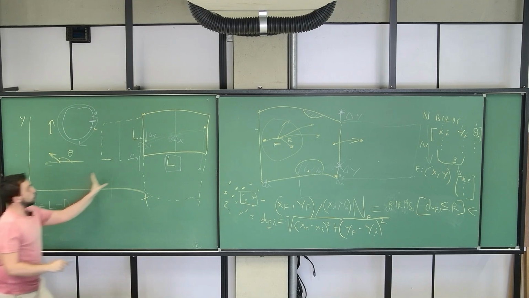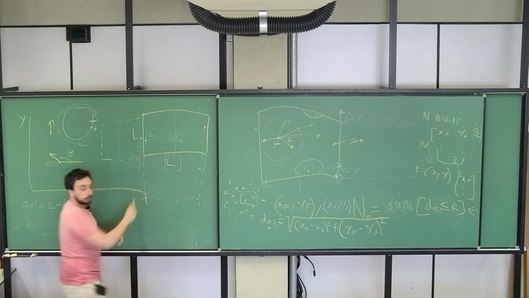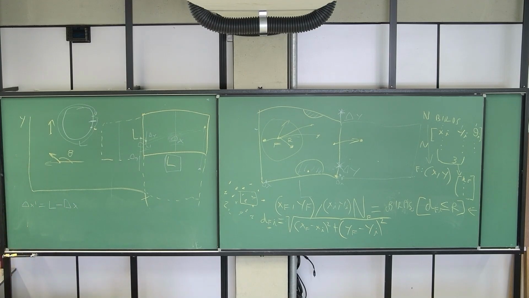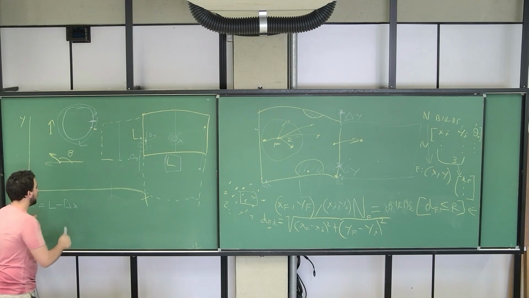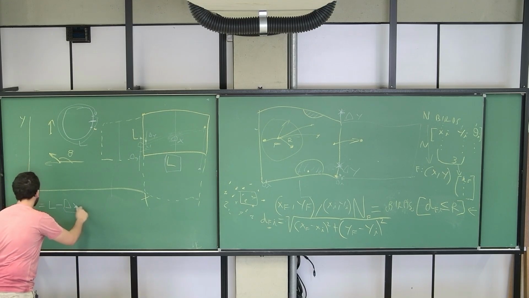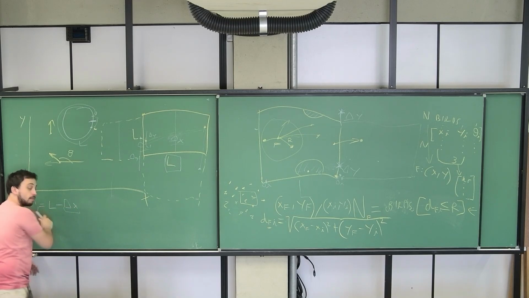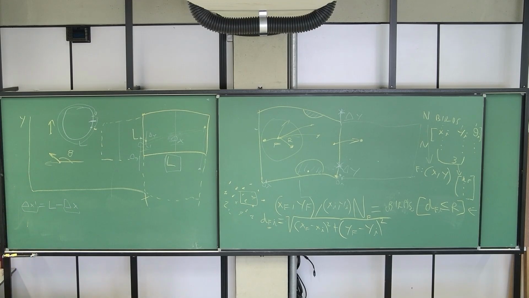Because if you sum delta x and delta x prime, you get exactly L, because this is the mirror image. These are two of the mirror possibilities, and the first solution the guy gave was to take the minimum between these two.